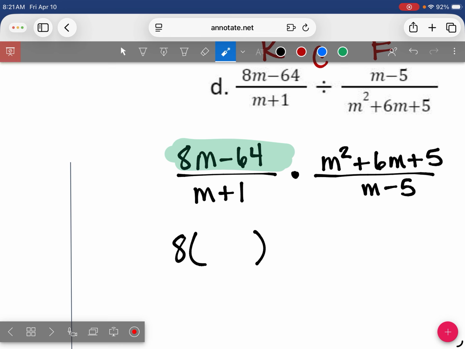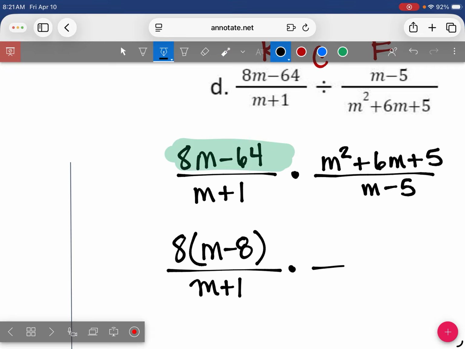So when you divide the 8m by 8, you're just left with m. What's 64 divided by 8? 8. And that's all over. Can I do anything with this m plus 1? Nope. So we're going to leave it the same.